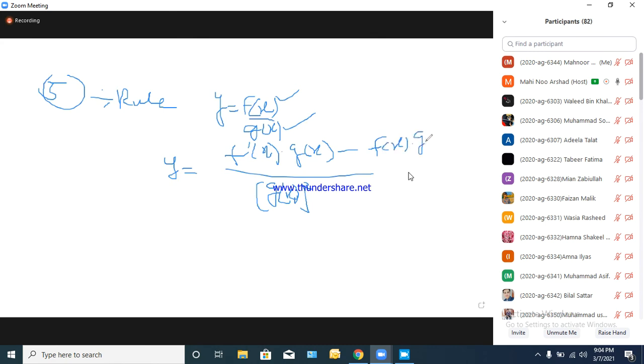Remember that, students, here you cannot take f of x and g of x as a first or second function, as you do in multiplication, where you can take any of the functions as a first. You will follow that rule as it is.